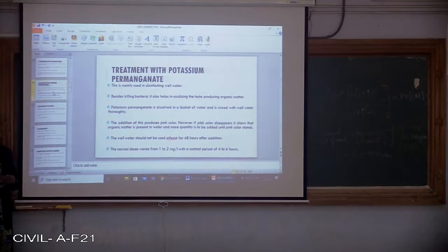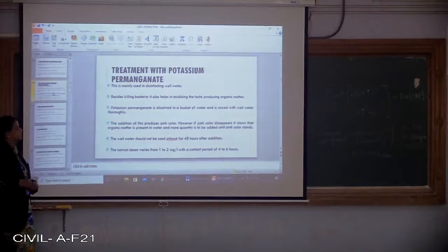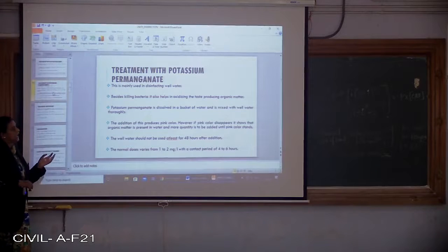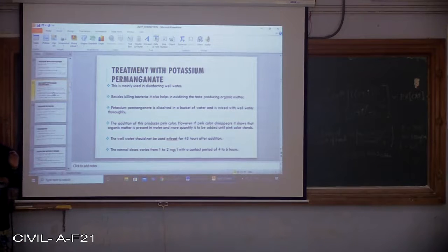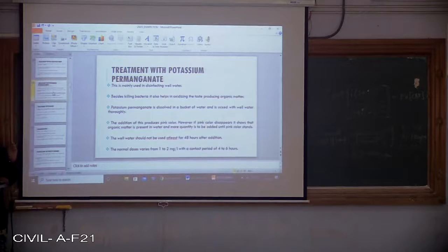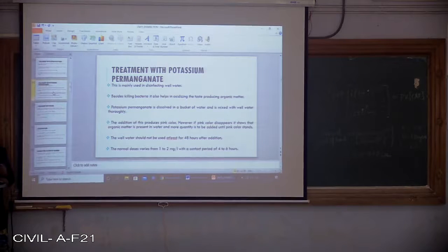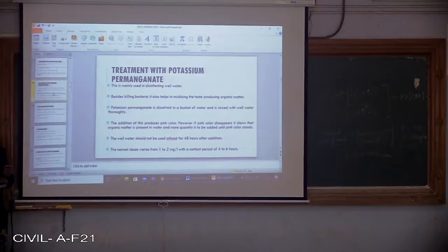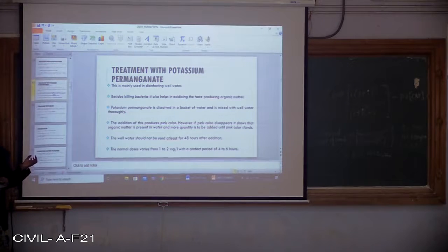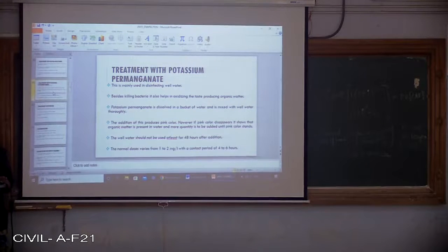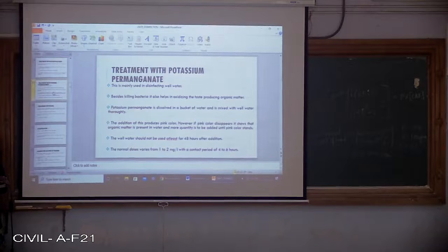Whenever you add this potassium permanganate, it is dissolved in a bucket of water and mixed with well water thoroughly. So it acts on the taste-producing organic matter, and also acts as a disinfectant. The addition of this produces a pink color.